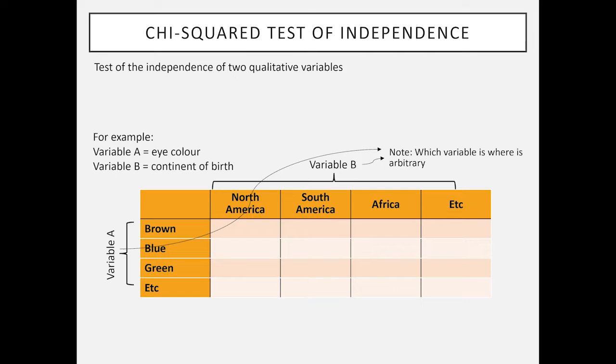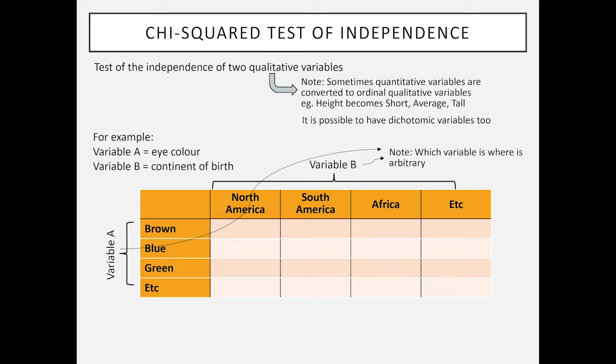We'll collect data, which leads to a chi-squared table. We'll be seeing what this means, how it's done. And as I said, it's usually for qualitative variables, but there's a way to take quantitative variables and convert them to qualitative by making them, in effect, ordinal variables. For example, somebody's height could be arbitrarily decided being short, average, or tall. And in addition, this could even work for dichotomic variables as well.